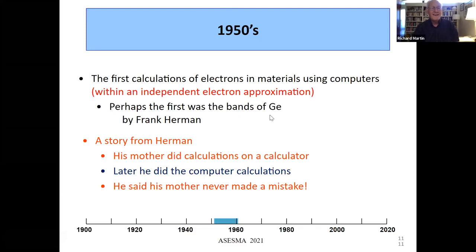Here's a nice story that I got directly from Frank Herman. His mother had done calculations with a hand calculator before, and when he did the calculations on the computer, he was at IBM, by the way, he said he found that his mother never made a mistake.